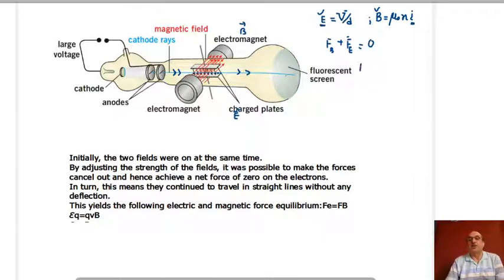At this condition, the magnitude of the electric field will be equal to the magnitude of the magnetic field. The beam of electrons will strike the fluorescent screen without any deflection, because the Lorentz force became zero.